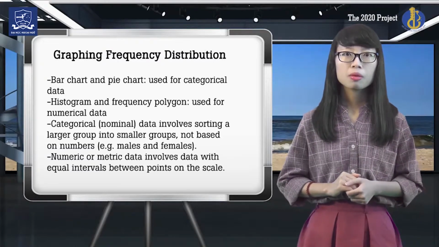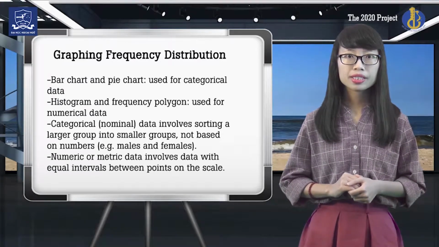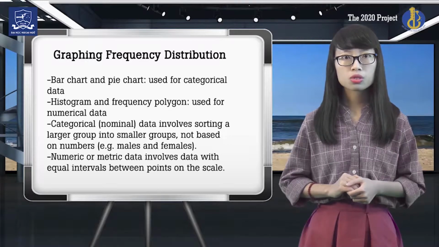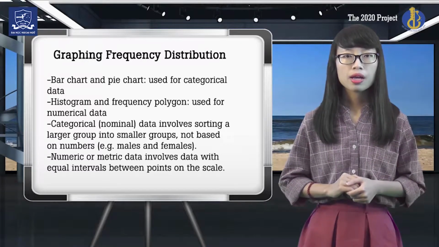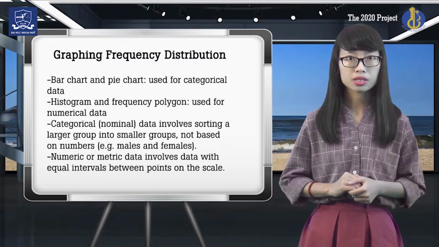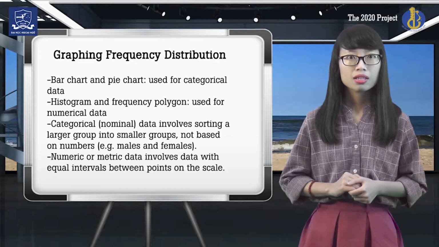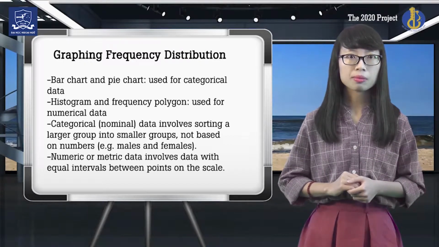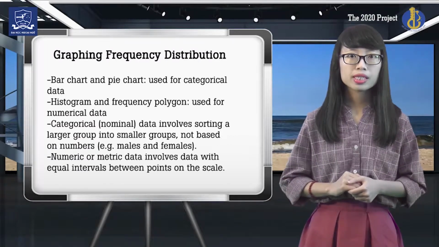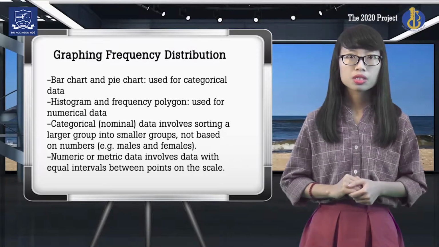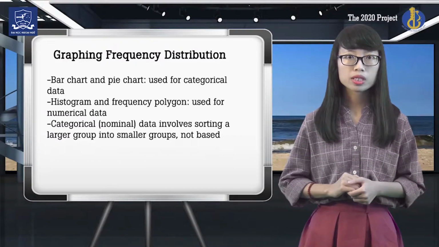The first 2, bar charts and pie charts, are used with categorical data, which involves sorting a large group into smaller groups, not based on numbers, for example, males and females. Whereas the last 2, histograms and frequency polygons, are used with numeric data, which involves data with equal intervals between points on the scale.